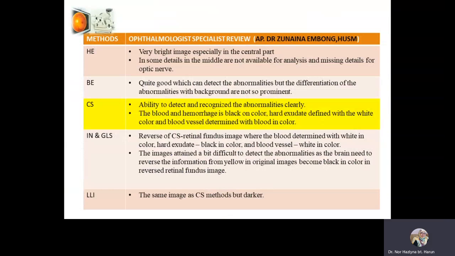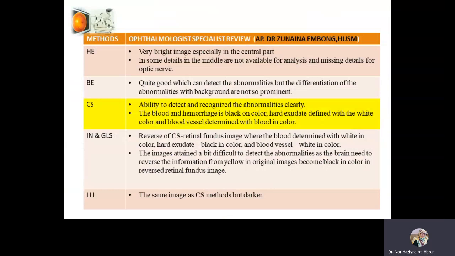Based on expert review from our team collaborator from HUSM, Associate Professor Dr. Zunaina Embong, HE, histogram equalization, resulted in a very bright image, especially in the central part, and some details in the middle are not available for analysis, with missing details for the optic nerve.